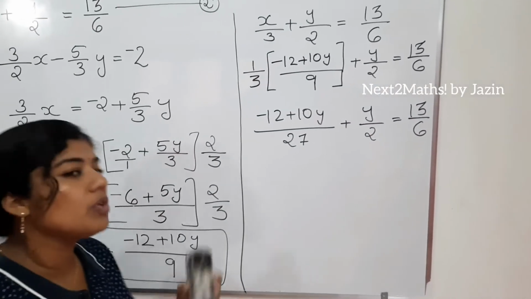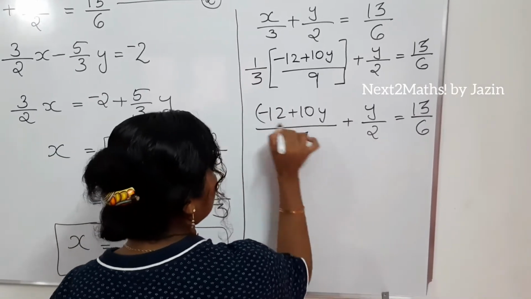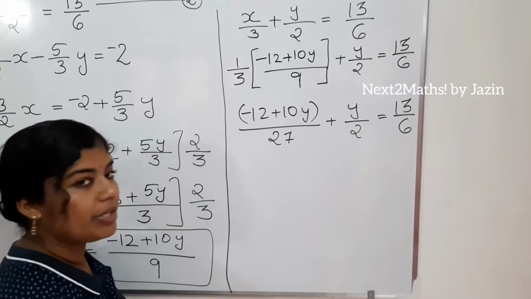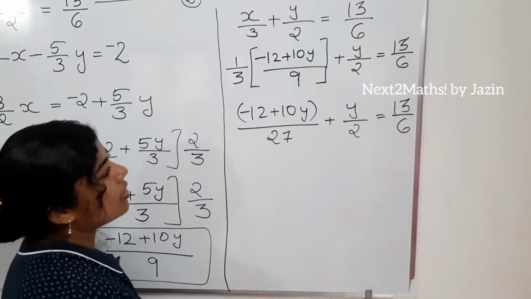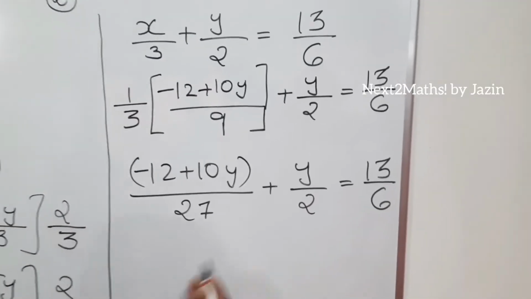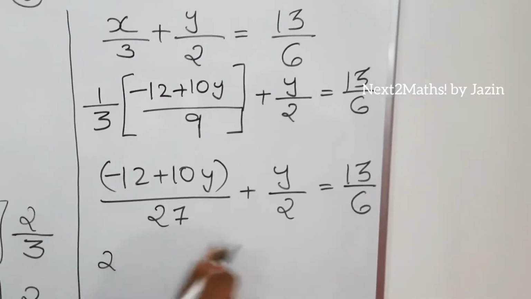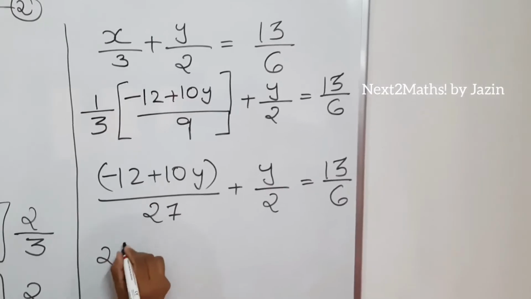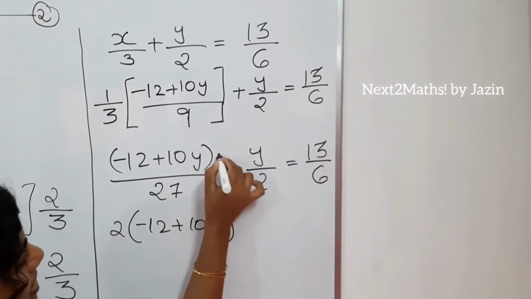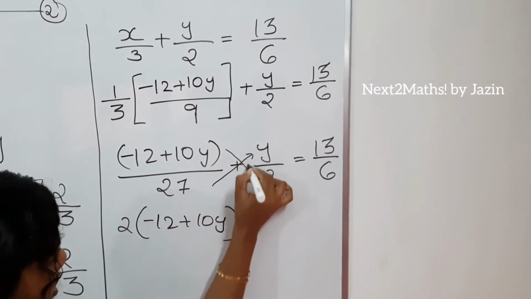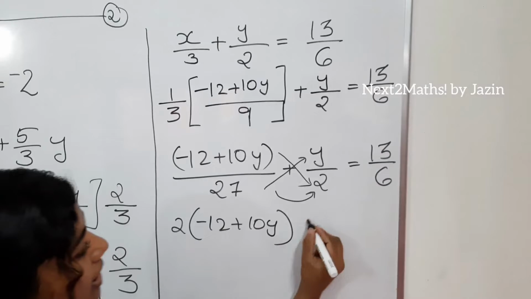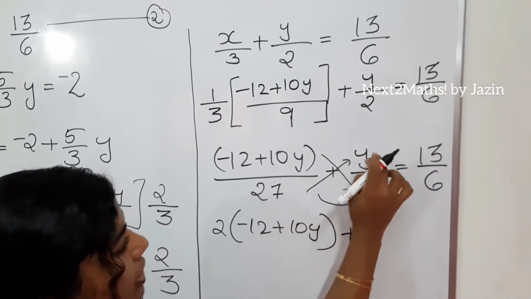Again you have to do cross multiplication here, because it is the addition of fractions with numerator and denominator. You can use any of the methods. Here I am going to do cross multiplication. So this 2 multiplied with this numerator, minus 12 plus 10y, plus 27 into y.